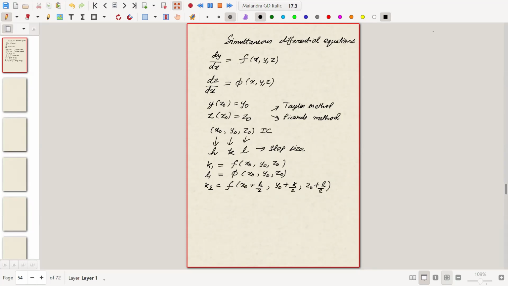Identify the mistake. This guy, K2 equals f of x naught, y naught plus k by 2. We have k as the step size, but we have to take, I think, your K1 here and L1 here. And it will keep on repeating. It will depend on the previous k i's and l i's. Okay with you?